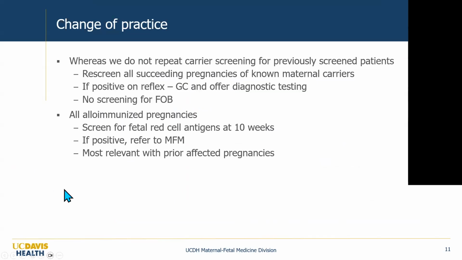So by doing this, our practice is changing. If you noticed last year, there was a RhoGAM shortage, because there are only two companies making RhoGAM in the United States. One of the smaller companies closed down because they saw that the need for RhoGAM was starting to go down.